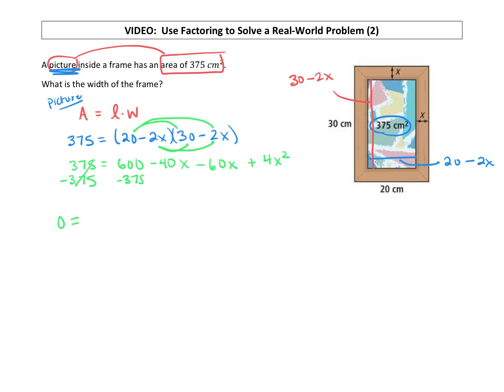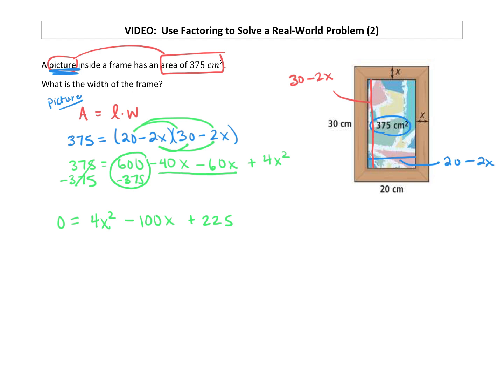So I'm going to write the 4x squared. And then we've got some x's we can combine. Negative 40x minus 60x is minus 100x. And now we can do that math. What is 600 minus 375? A positive 225. Okay, so we've got standard form. We have our equation set equal to 0.